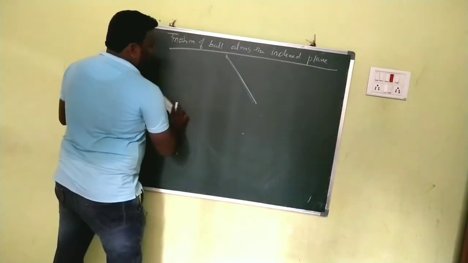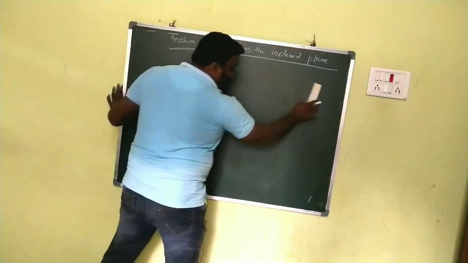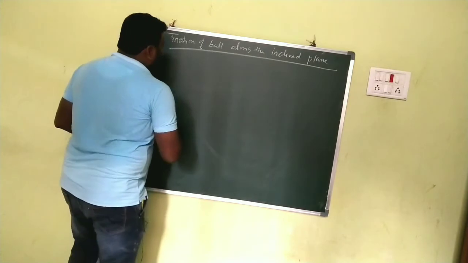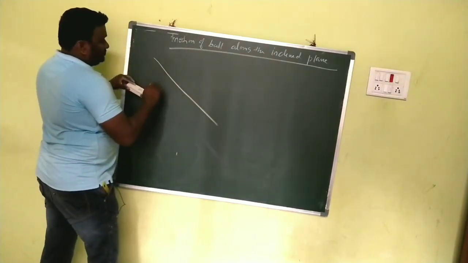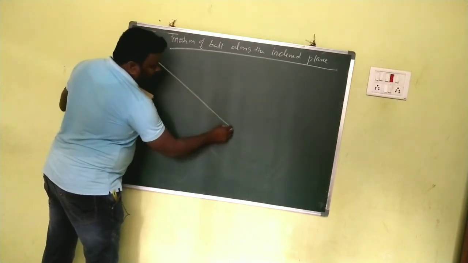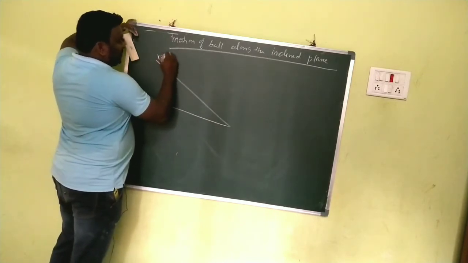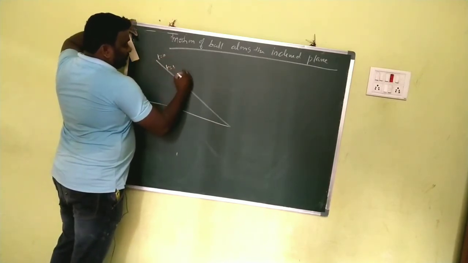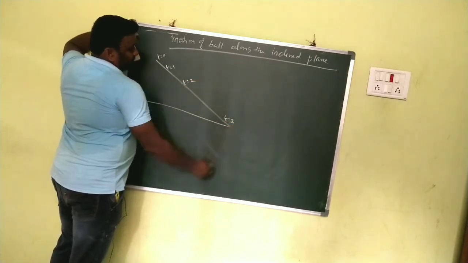So in the textbook the motion of the ball was given at two places. Here the first thing is the slope. This is the first slope, like this. It was given that t is equal to 0, t is equal to 1, t is equal to 2, and t is equal to 3.